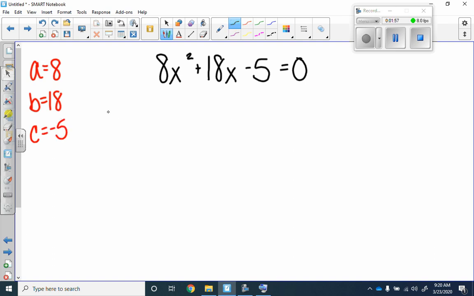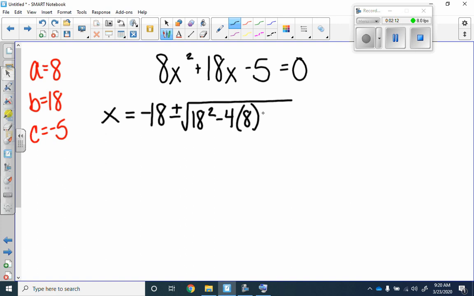So I'm going to go ahead and use my formula, plug in everything. So I have negative b, so negative 18, plus or minus the square root of b squared, so 18 squared, minus 4 times a times c, all over 2a, so 2 times 8.